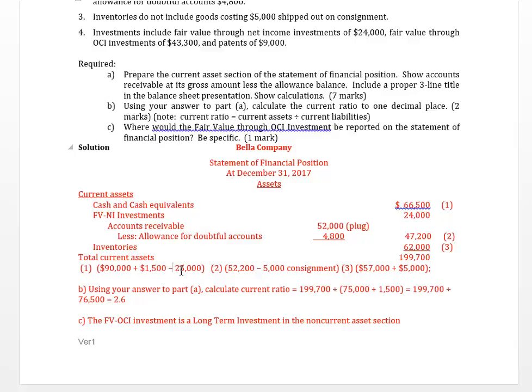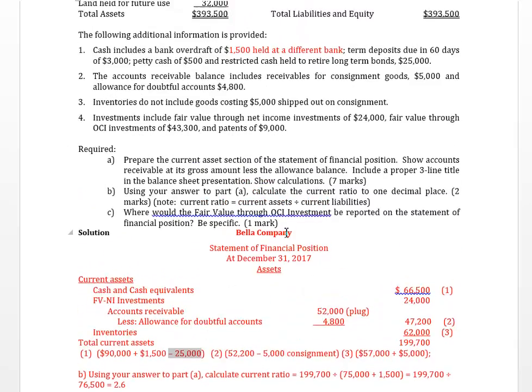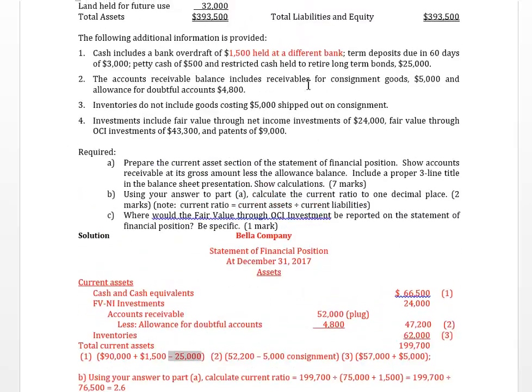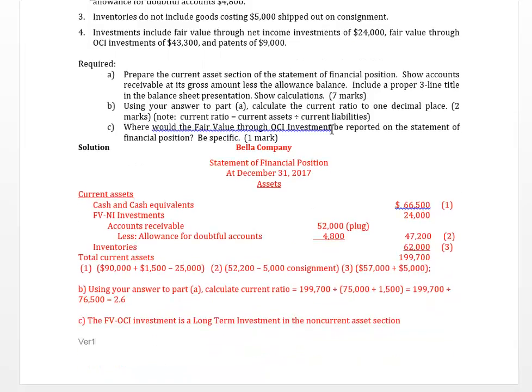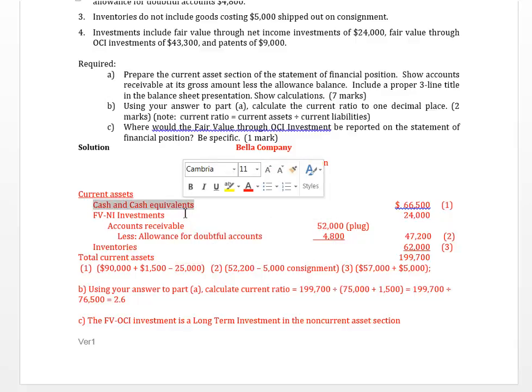And then I deducted, because the question told me that $90,000 included restricted cash for a long-term purpose, I need to include that $25,000 as a long-term investment in the non-current asset section. So I'm going to deduct it out of there. Notice I did not adjust for the term deposit because I called this cash and cash equivalents. If a student did deduct the $3,000 from that amount, that's fine.